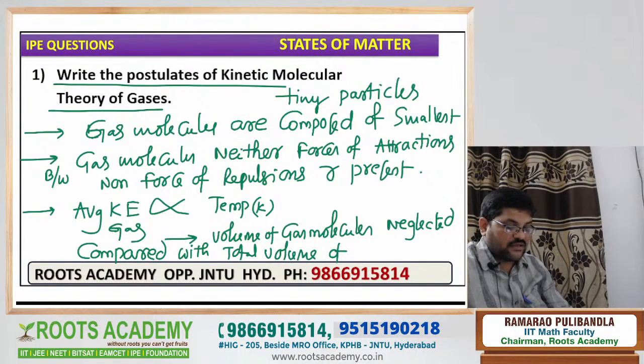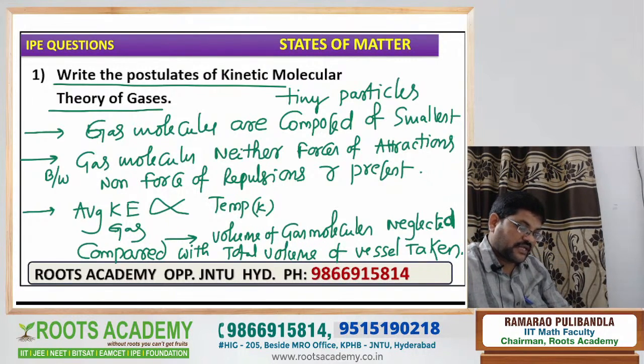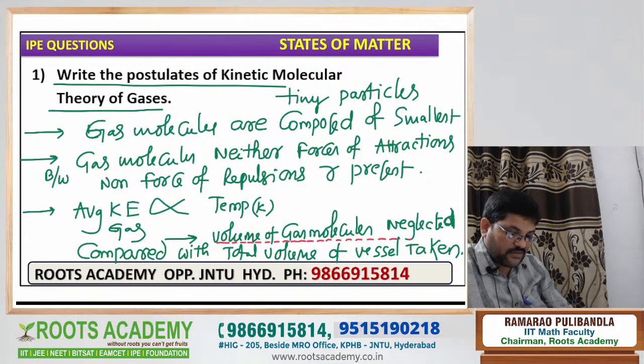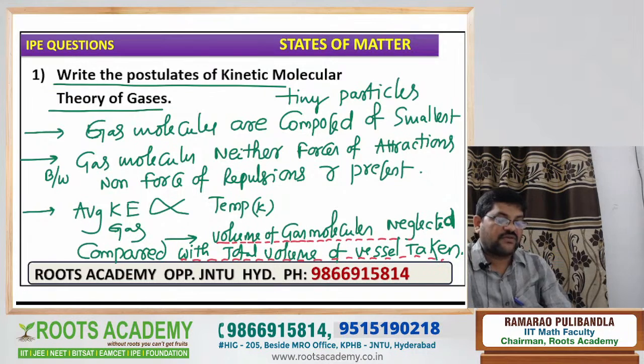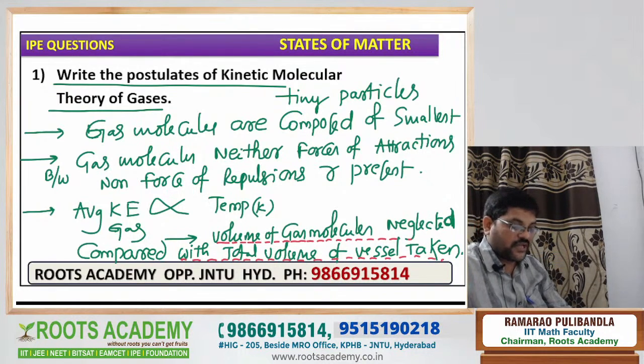Why is the volume of gas molecules neglected when compared with the total volume of the vessel? Because of their very small size. Repeat the point once again: the volume of the gas molecules is neglected compared with the total volume of the vessel because of the very small size. Understood?